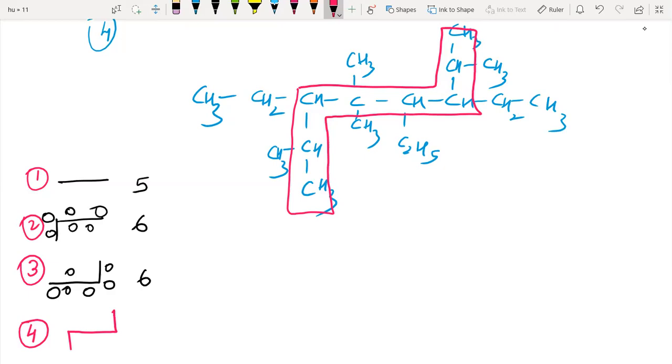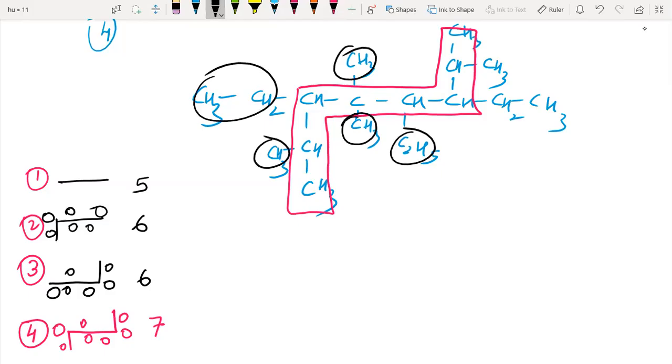And where are the groups attached? If you'll see, 1 here, 2, 3, 4, 5, 6, and 1, 7. This time we are getting 7. You want to see that 7? See 1, 2, 3, 4, 5, 6, 7.